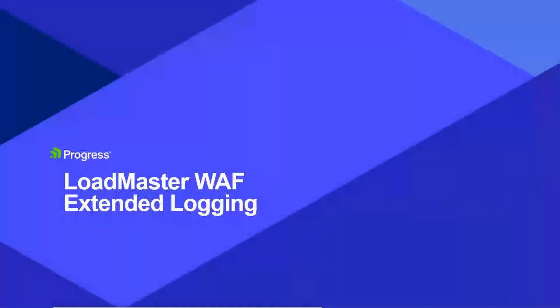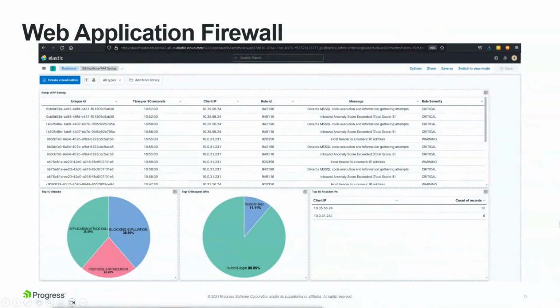You can use things like, in this example, ELK stack. So here we've exported logs to ELK stack. We can make these kind of dashboards that provide some information about top 10 attacks, top 10 URIs, attacker IP address, as well as the WAF syslog that gives you all information about the different rules that are being triggered and the messages and the severity and things like that.